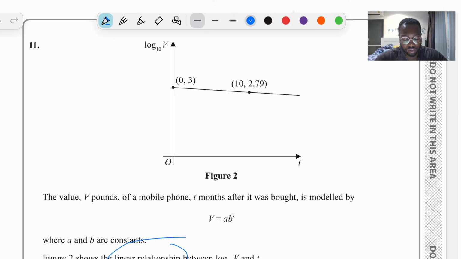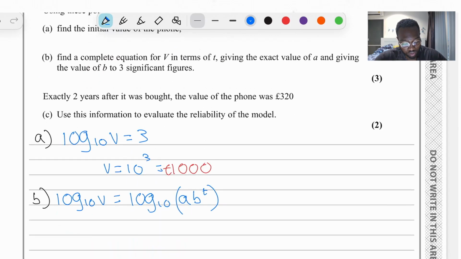So once we work this out in terms of logs, we need to get it in the form of y equals mx plus c. But really, we want to get it in the form of log base 10 v is equal to some value, in terms of t, okay, because t is effectively the x-axis, and then we'll have a constant value here. So that's what we're going to do now.